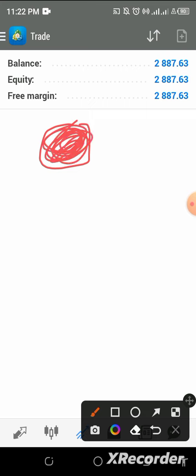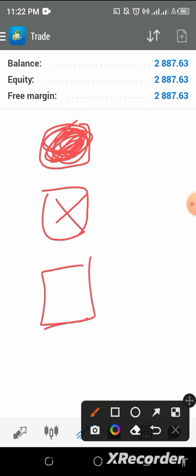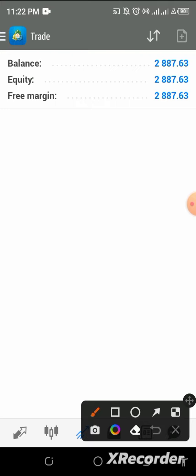There is red, there is deep red, and then gold, and then there is yellow.